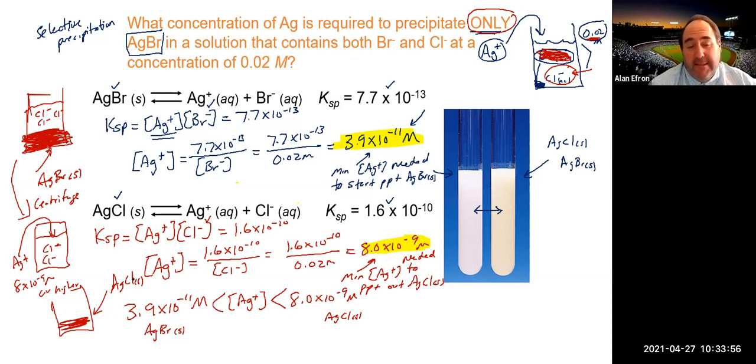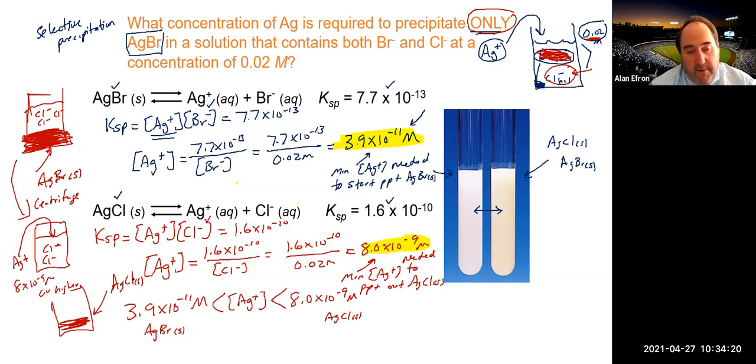Now, one last thing here before we move on from this example that also ties into something we talked about at the very beginning of this chapter is the idea of KSP values. And can we use KSP values to help us decide which salt would be, or which solid would be more soluble or less soluble?